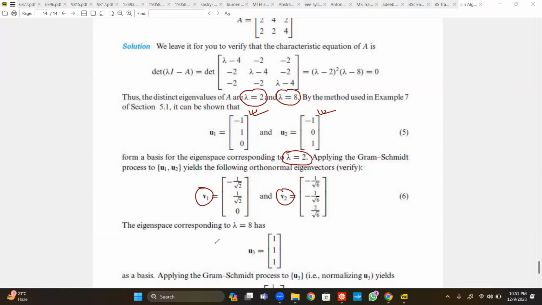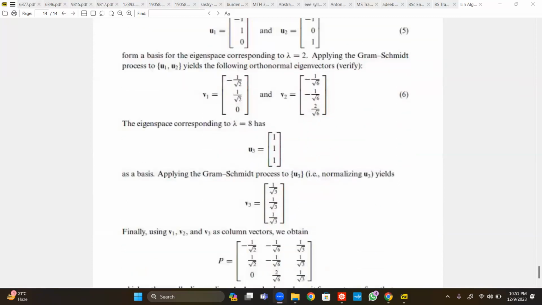Actually, applying the Gram-Schmidt process for only two vectors is pretty simple, right? Because the formula gets complex as we move on to the next vector. But here we have just two vectors. So this was a simple one. The next one will be even simpler, because for lambda equals 8, we got just one eigenvector.